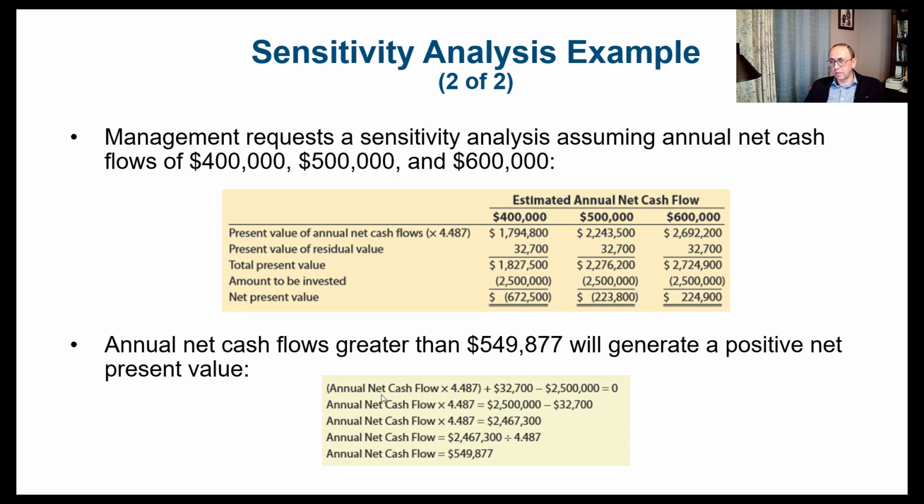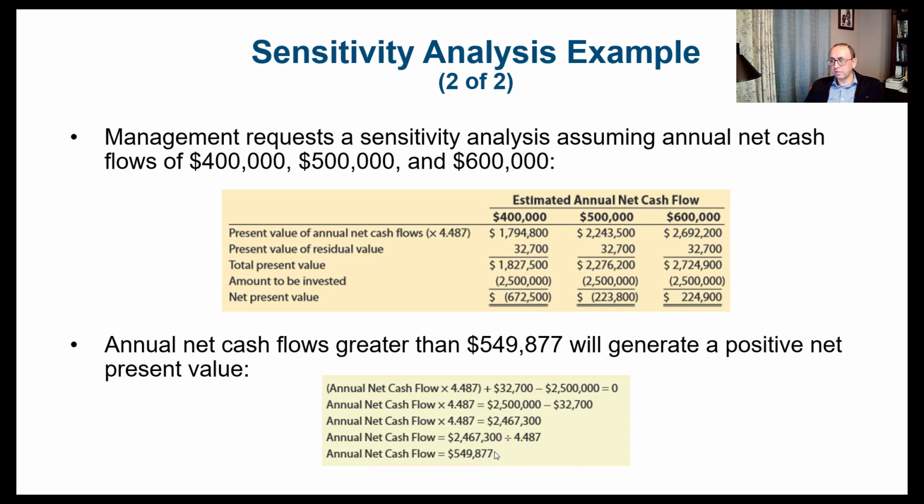So how did we do that? We created this formula where we have the annual net cash flow multiplied by the factor, plus 32,700, which is the present value of the residual value, minus the initial investment, which is 2.5 million, equals zero. So by solving for this formula, you get an annual net cash flow of 549,877.